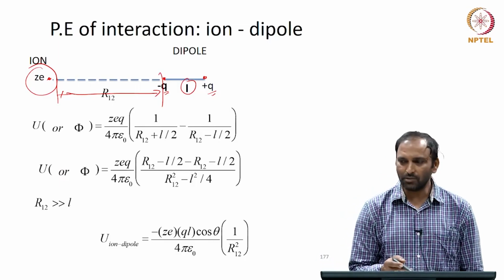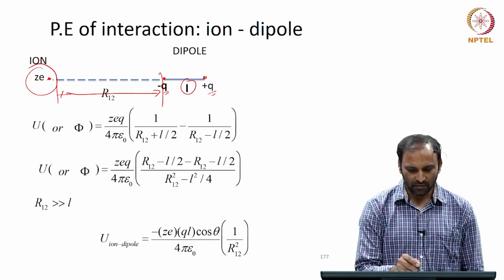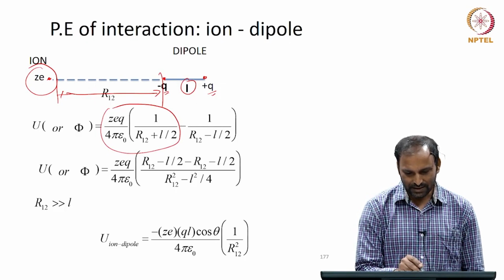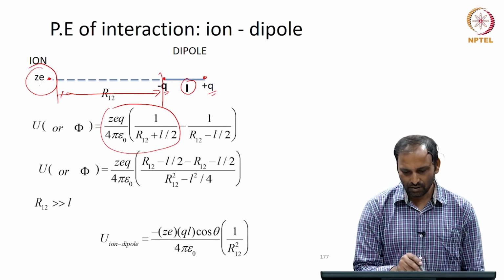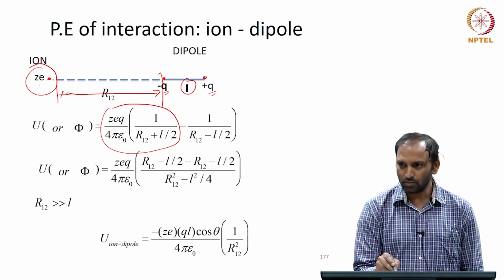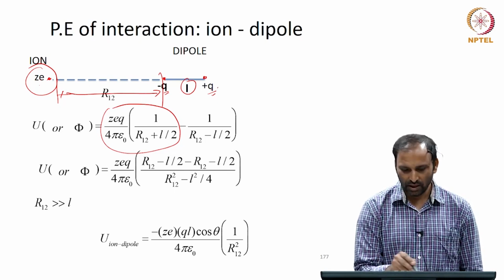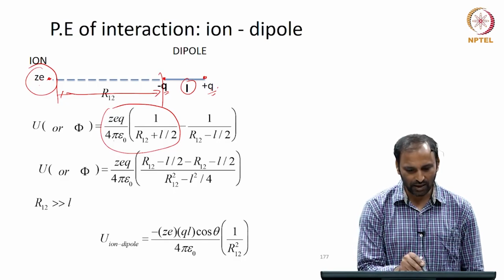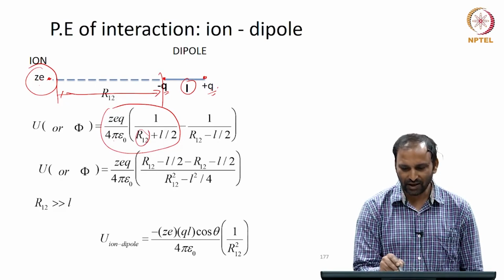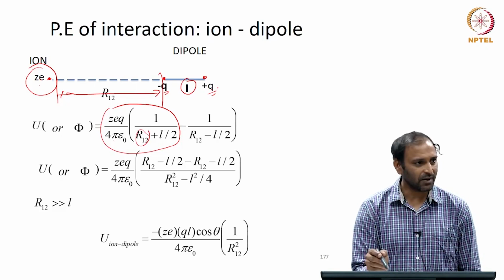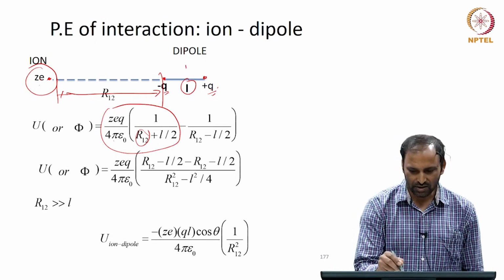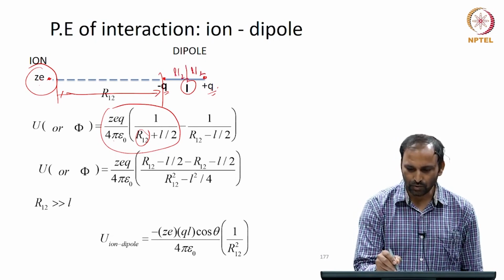So, I can write similarly, this first term, Z e times q divided by 4 pi epsilon naught into 1 over distance between the two. This is r12 plus L by 2, because if L is the distance between the charges, this distance is going to be L by 2.